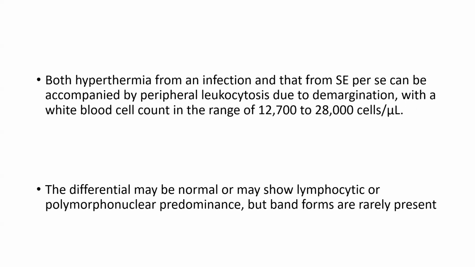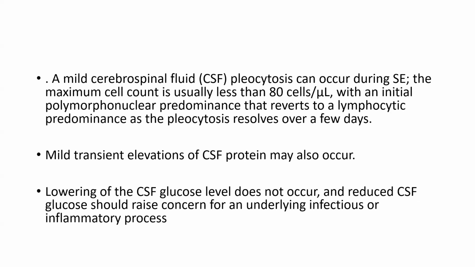Both hyperthermia from infection and that from the status epilepticus per se can be accompanied by the peripheral leukocytosis due to demargination with the white blood cell count in the range of 12,700 to 28,000. The differential may be normal or may show lymphocytic or polymorphonuclear predominance, but band forms are rarely present.